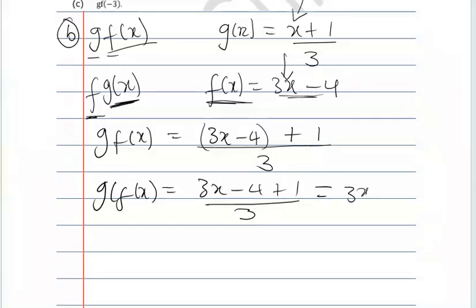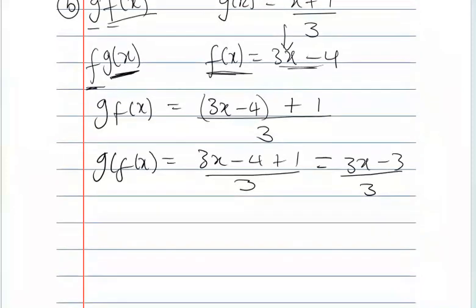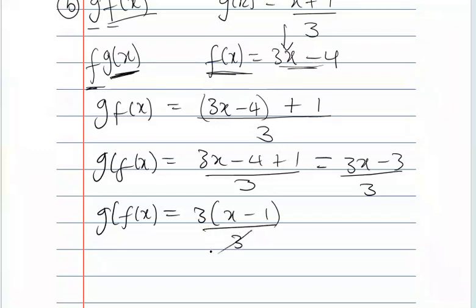So we have 3x minus 3 over 3. You can factor out the 3 on top, so on top you take out the 3 to be x minus 1 over 3. This and this will cancel, so you just remain with x minus 1. So g f of x is equal to x minus 1.